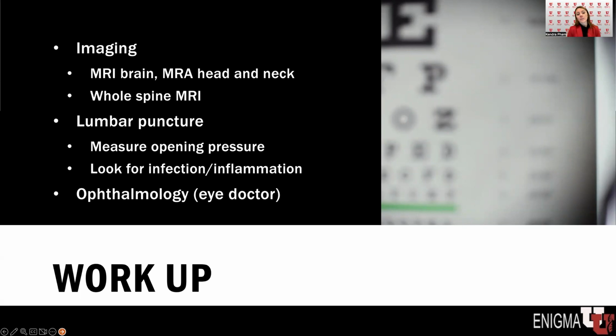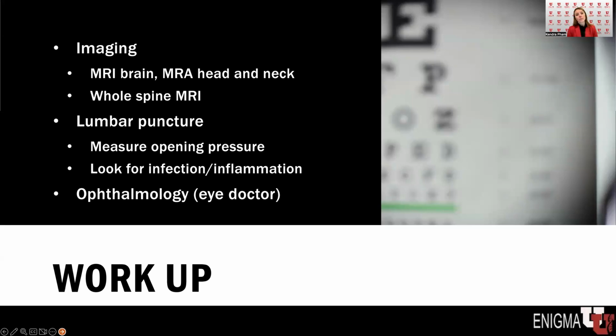And then if we're worried about there being too low of spinal fluid pressure, then we might get a whole spine MRI to see if there's a place where spinal fluid is leaking. If we're worried about either infection or we're worried about pressure being too high, then often we will do a lumbar puncture, or you also may know this as a spinal tap.